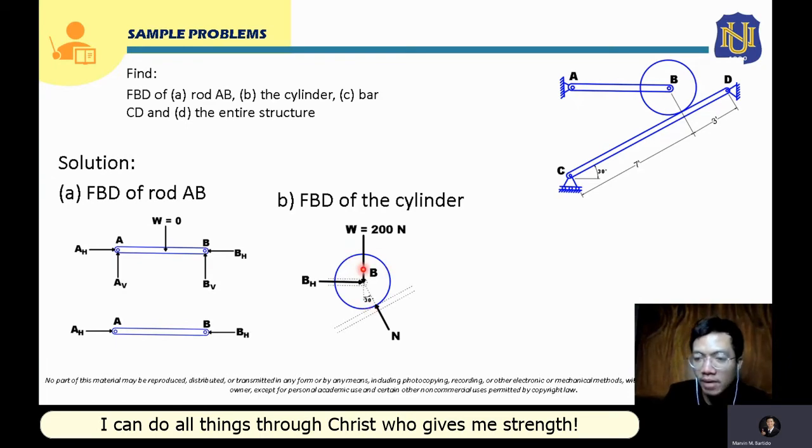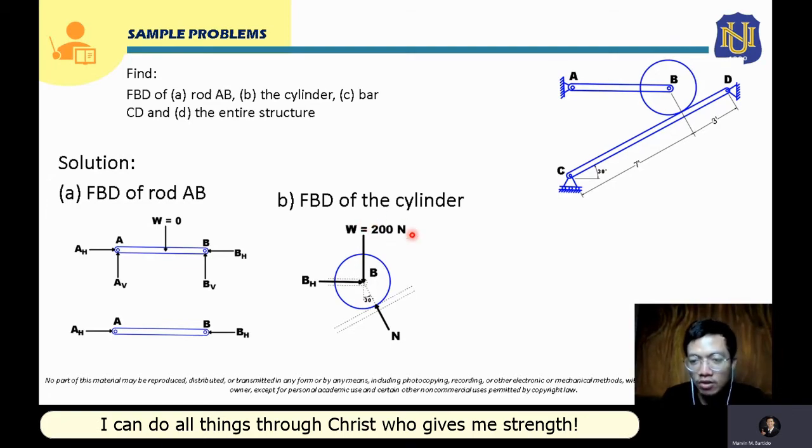The applied force here will be the weight of the cylinder. In the problem, it was given that the weight of this cylinder is 200 Newton, applied at the center of gravity, at the center of this circle. So W is equal to 200 Newton.